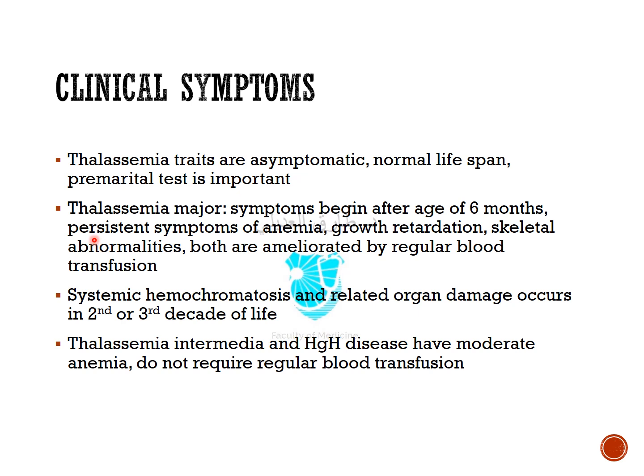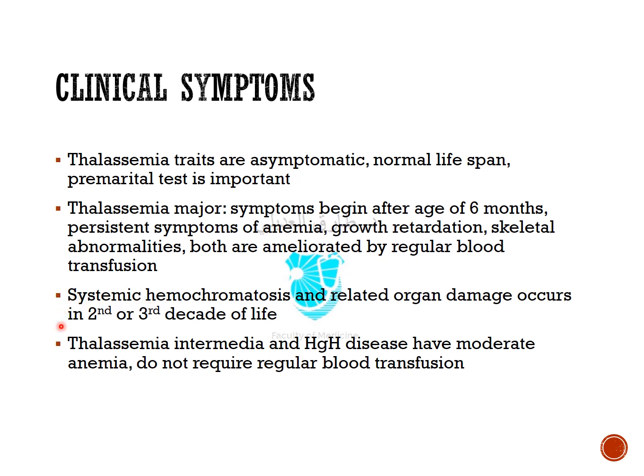So they have persistent, lifelong symptoms of anemia that we mentioned earlier. They also have growth retardation and skeletal abnormalities, which can be ameliorated by giving regular blood transfusion to the patient. What is the problem with transfusion is the iron.